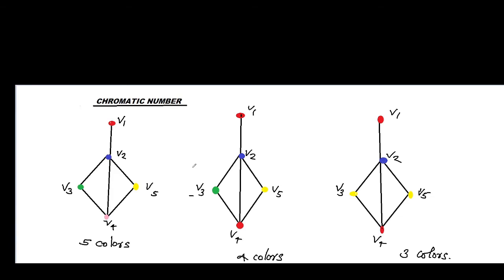Every graph having a triangle is at least 3 chromatic. Now the fourth observation: a graph consisting of simply one circuit with n greater than or equal to 3, that means the number of vertices is at least 3, is 2 chromatic if n is even and 3 chromatic if n is odd.